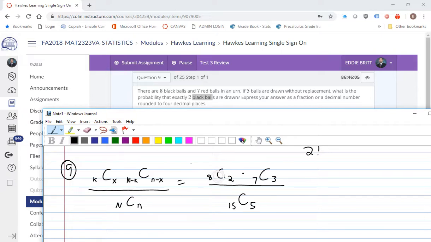So you have to work out this combination times this combination divided by this combination. You can do that in your calculator, or you can do it out by hand. But when you do that, you're going to get about 0.32634. I believe that, let's see, round to 4 decimal places. So we just want to put in 0.3263.